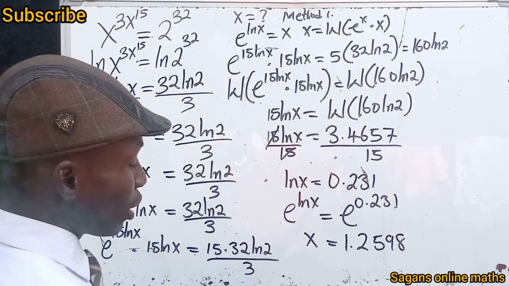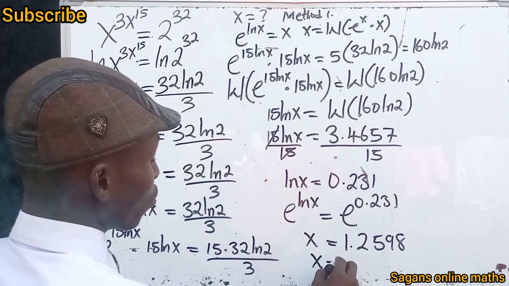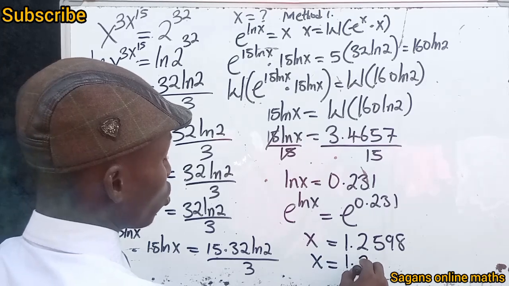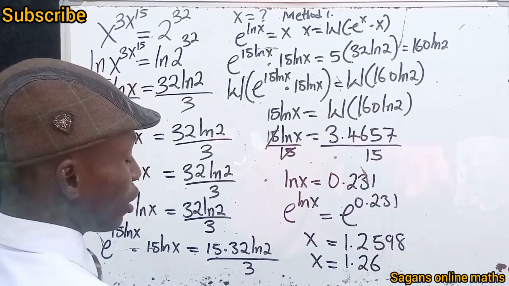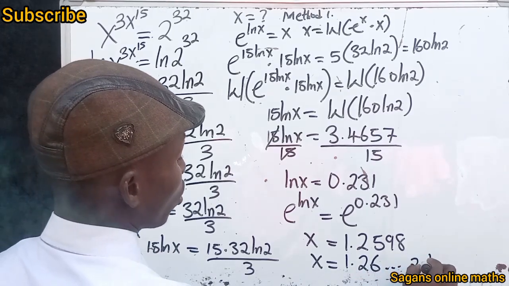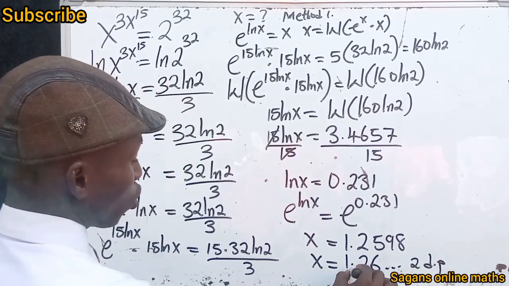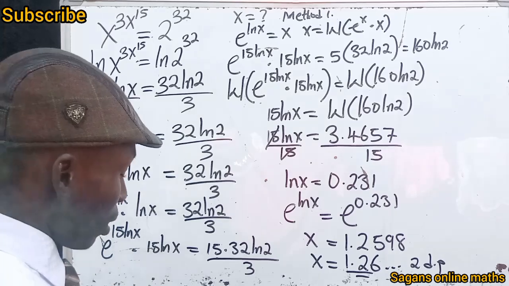To 2 decimal places, x is equal to 1.26. And this is the solution to this particular problem.